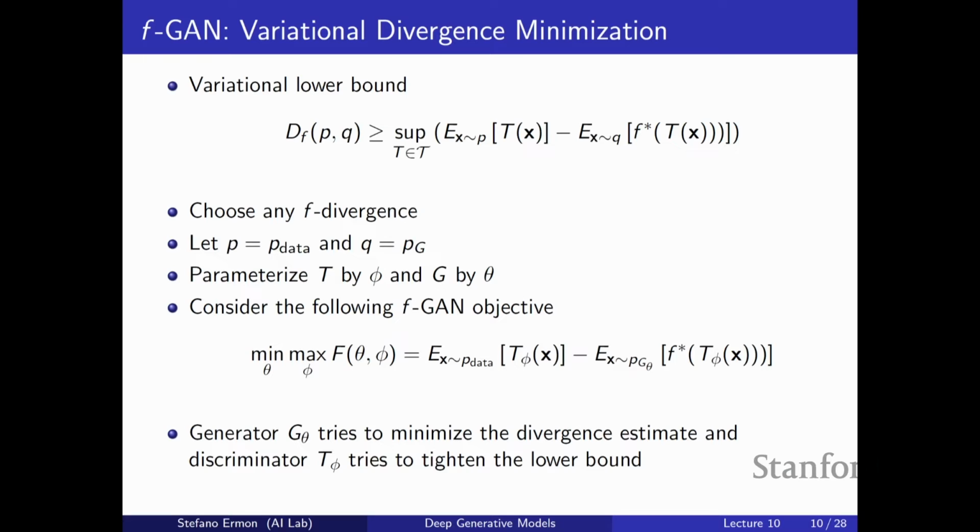So if I take F to be the KL divergence, can we still show that, using this equation, it distills down to maximum likelihood? It's not going to give you exactly maximum likelihood because it's an approximation, unless you have infinitely flexible discriminators. In the original F-GAN paper, they tested a bunch of different Fs for F divergences.